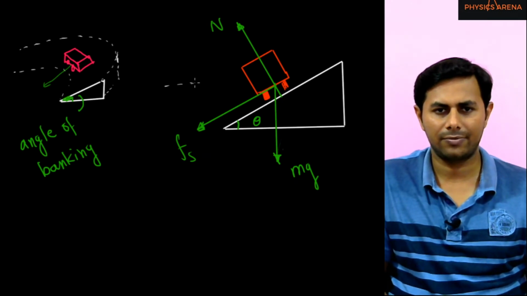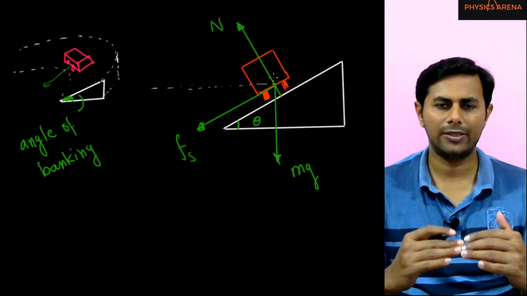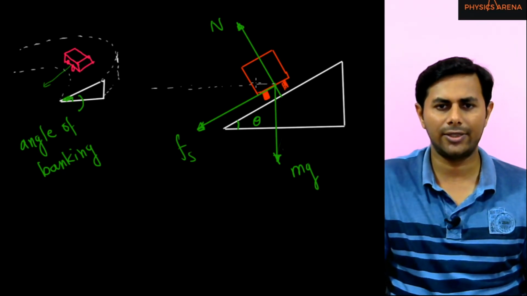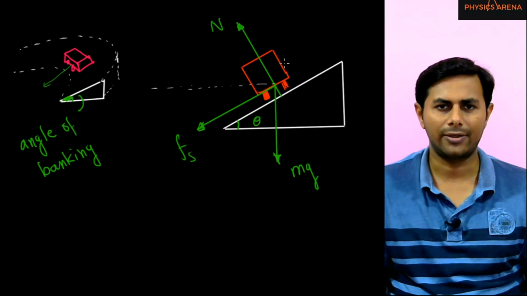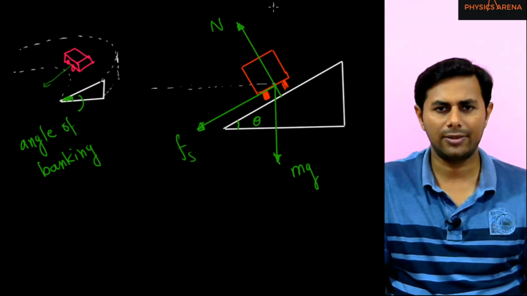That means in this direction. So one direction is fixed, that's why we need to resolve forces in this direction, the horizontal direction, and perpendicular to that. Okay, so let's resolve the forces.